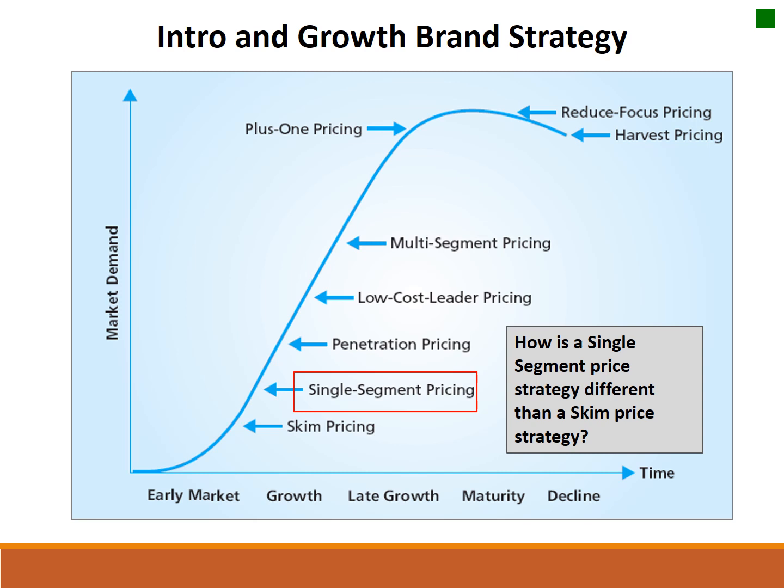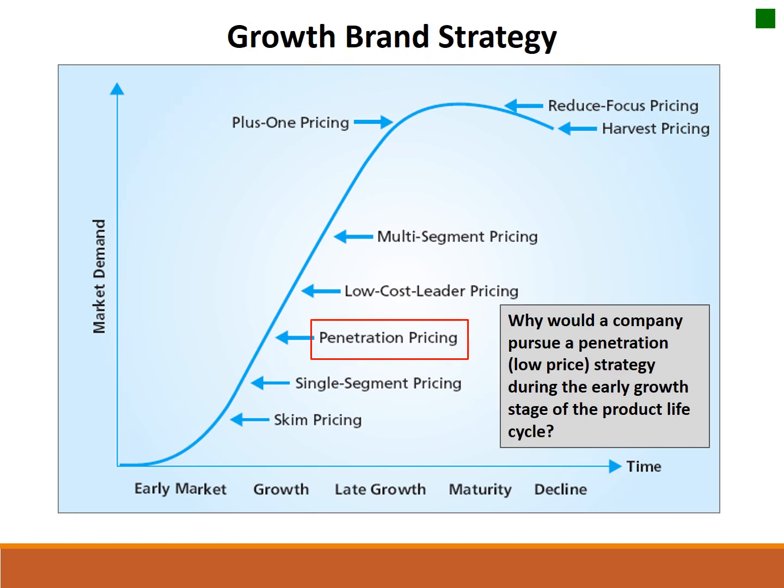So up to this point, we've had the skimming price strategy and then the single pricing strategy, which leads us into penetration pricing. So penetration pricing is a deviation from a skim price strategy. In fact, some would say it's probably the opposite, where in this case, what we're going to do is lower our price so that it's attractive to a mass market.